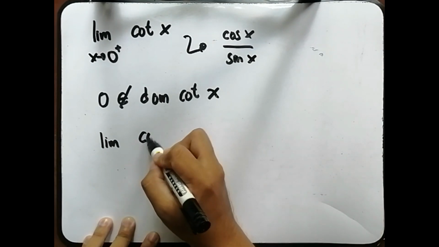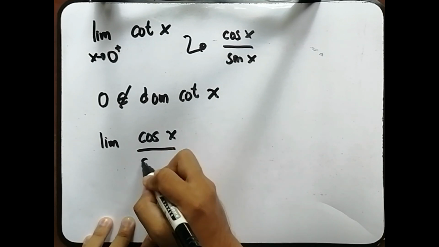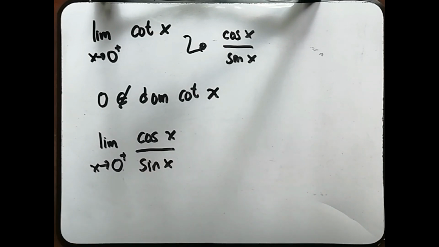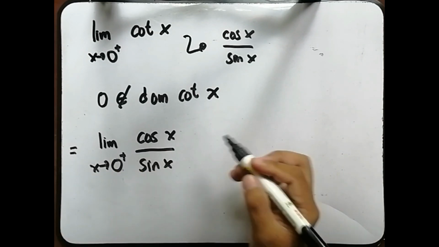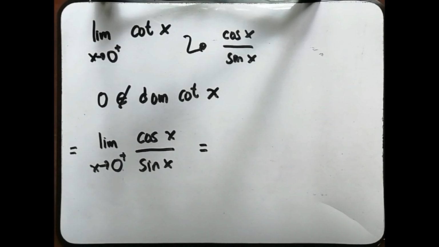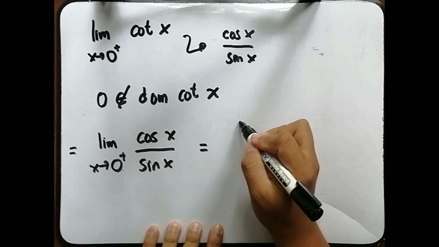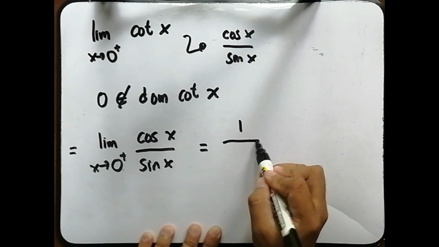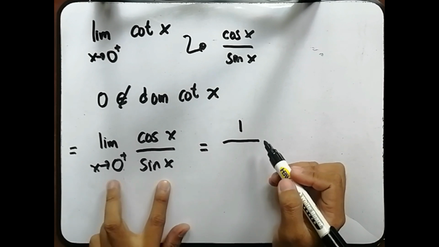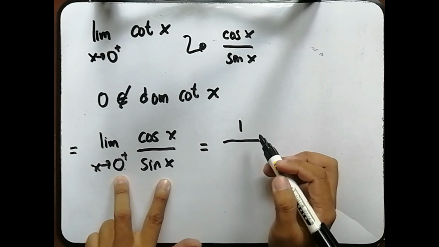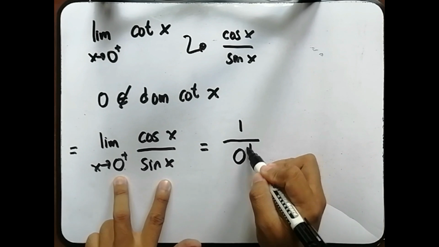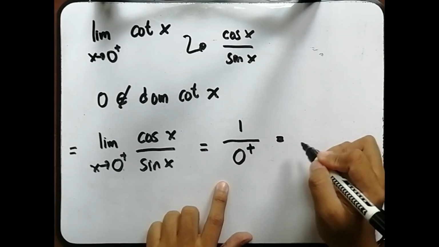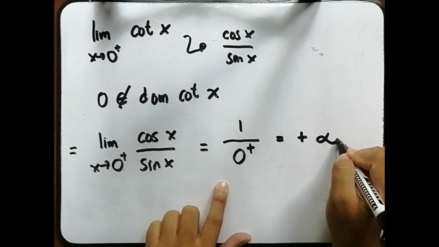So we have the limit of cosine x over sine x as x approaches 0 from the right, which is equal to, ano ba yung limit ng cosine x natin? 1. Okay? Over, ano yung limit ng sine x natin as x approaches 0 from the right? That is 0 positive. And this is now equal to positive infinity.